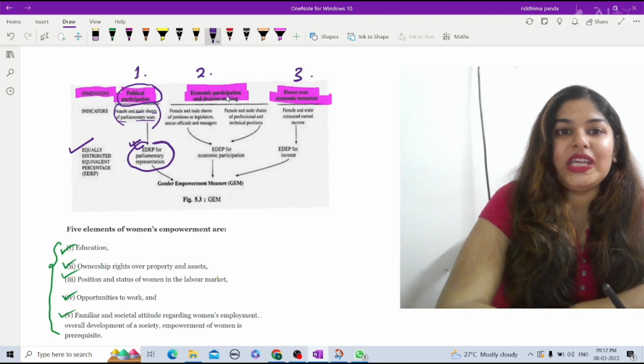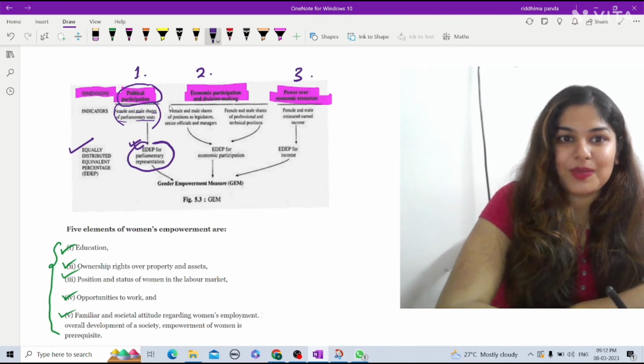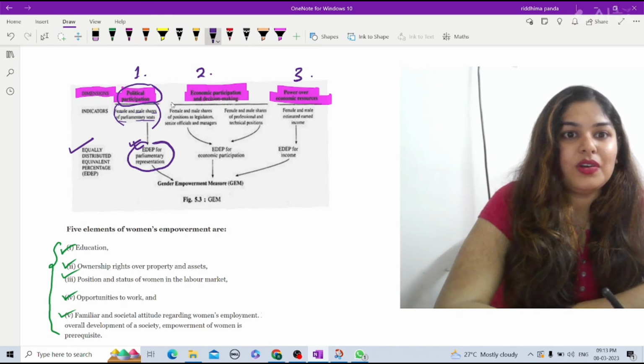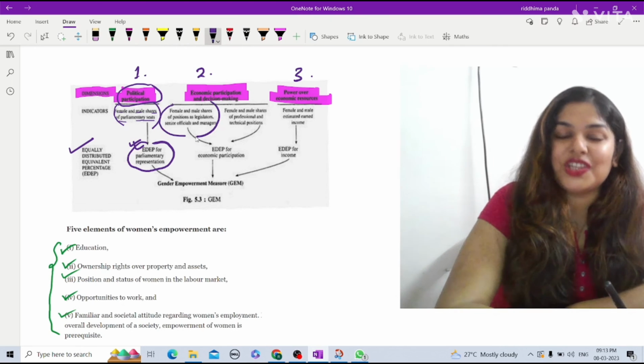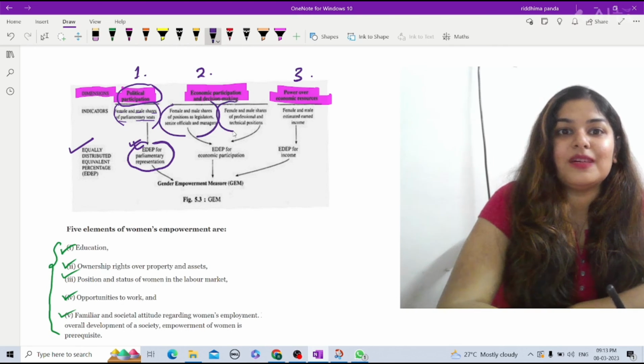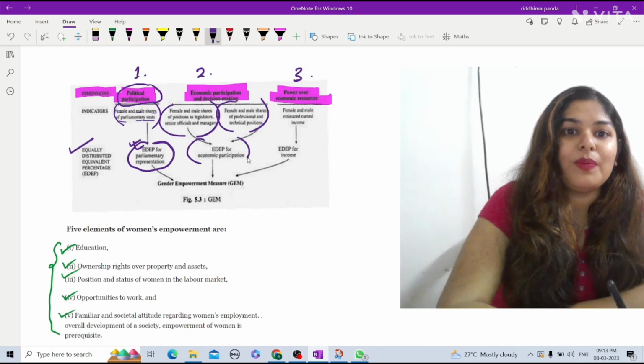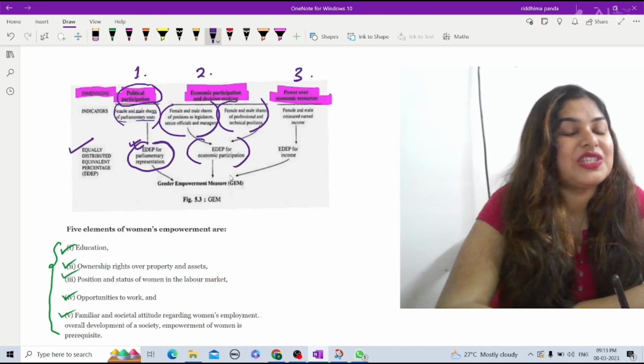Next one is about economic participation and decision making. For that, as we have seen, there are two positions they are talking about. One is as legislators, senior managers or senior officials. Another is in terms of professional and technical positions, together for economic participation, that is again an equally distributed index.